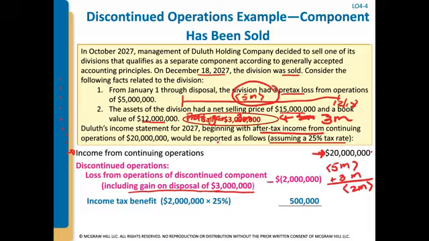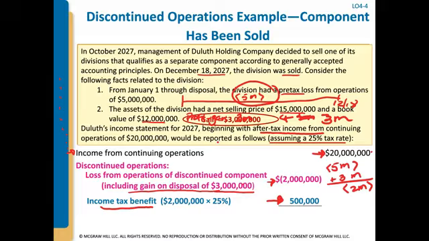Now we have a net loss of $2 million, and the tax rate is 25%, which is $500,000. And we have what's called an income tax benefit. Up until now, we've usually seen income tax expense, where we have income, apply the 25% tax rate, and reduce income before tax by the tax expense.